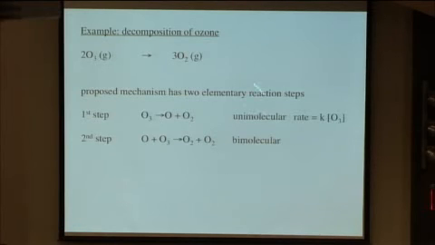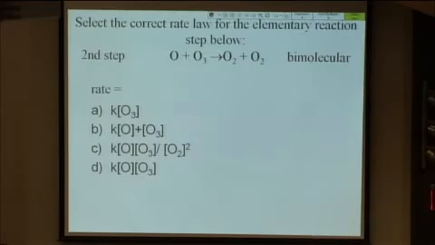For the first step here, the rate would be equal to a k. I don't have the k written up here, but there's always going to be a little k over the arrow. So k times the reactant would be here. For bimolecular, again, assume a k over there. What's that rate going to be equal to?